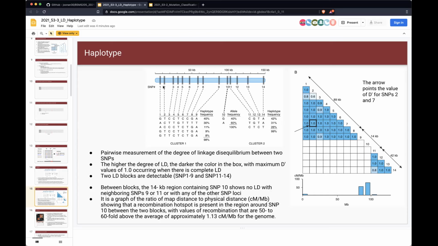So positions 2 and 7, how much they segregate together, right? It's also 100%. If you look at blocks like this, this is the LD from position 1 to 8. So from here to here, they have a high chance of forming LD blocks, right? If you measure the LD coefficients, they are always 100%, which is 1 here.